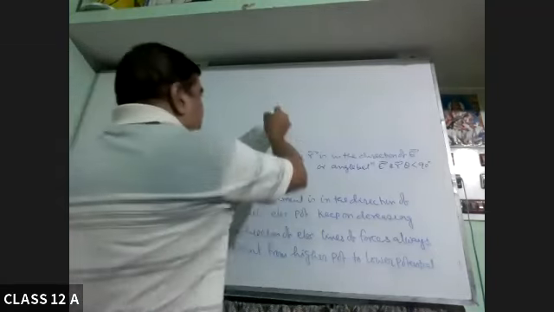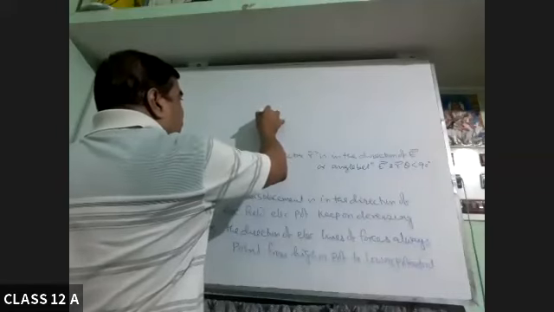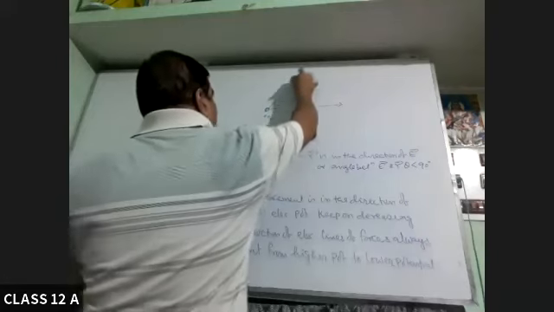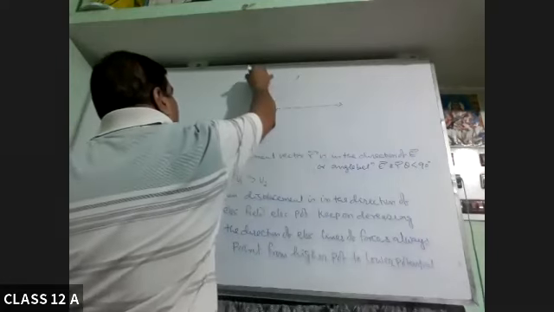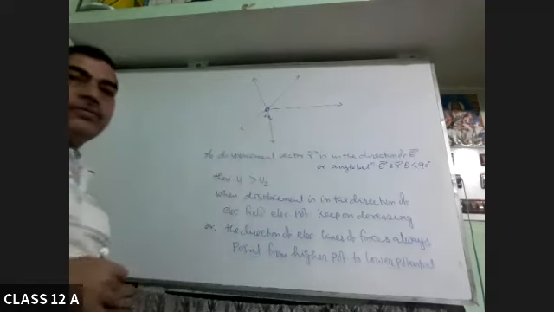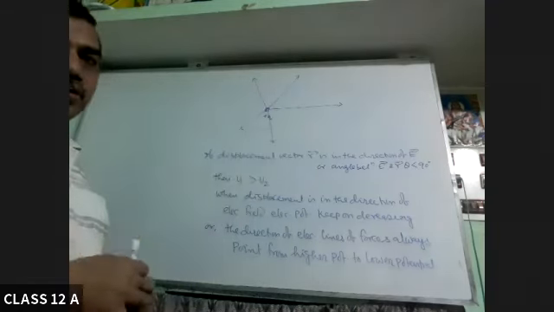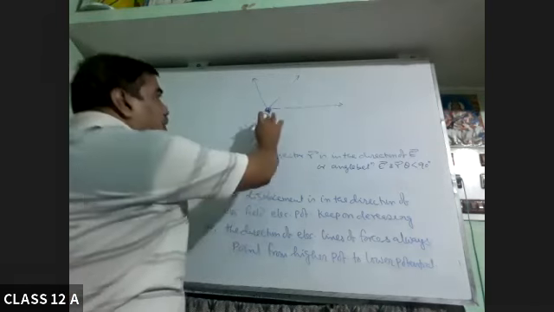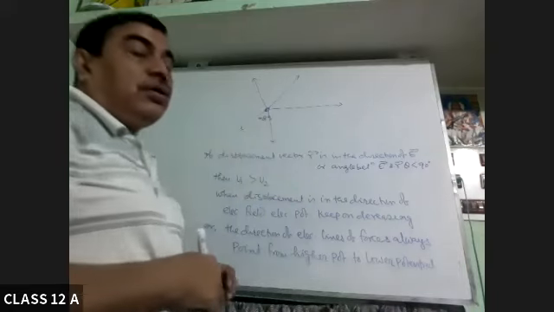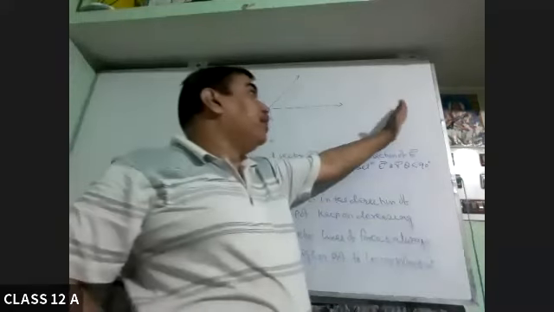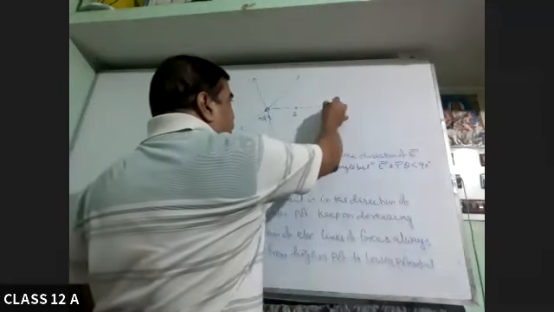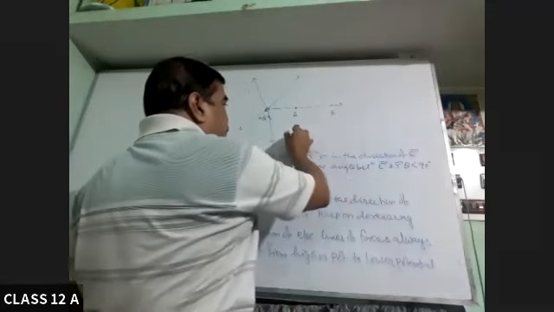If we consider, suppose this is the point charge, so electric lines of force are in this direction. What is happening here? If we bring any charge from infinity to this point, suppose you have potential of A and potential of B. So potential of A is what?